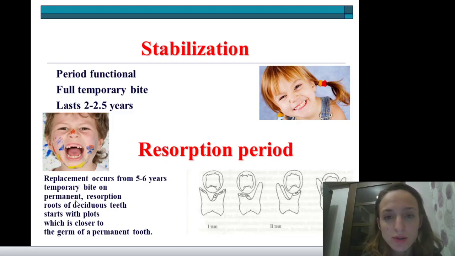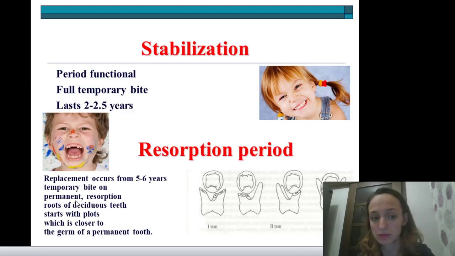Primary teeth also serve a cosmetic function, improving the appearance of the child and maintaining a normal facial appearance. Resorption helps in guiding the erupting permanent tooth into the proper location.